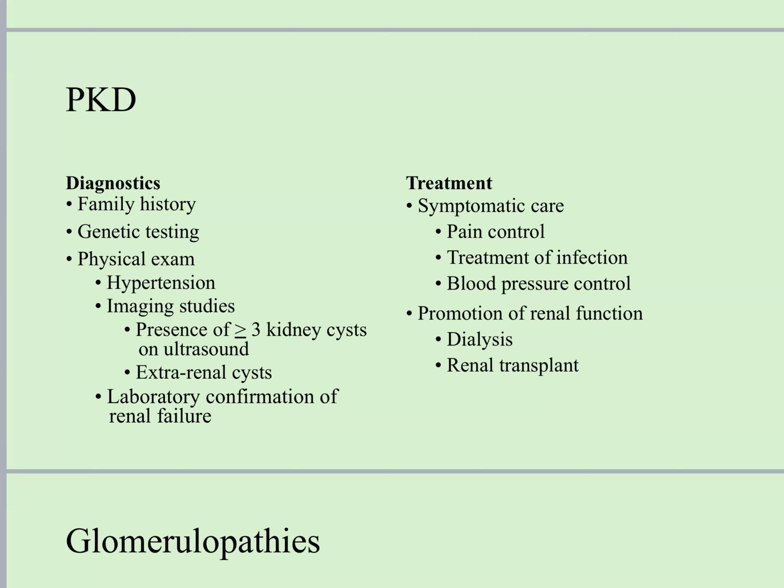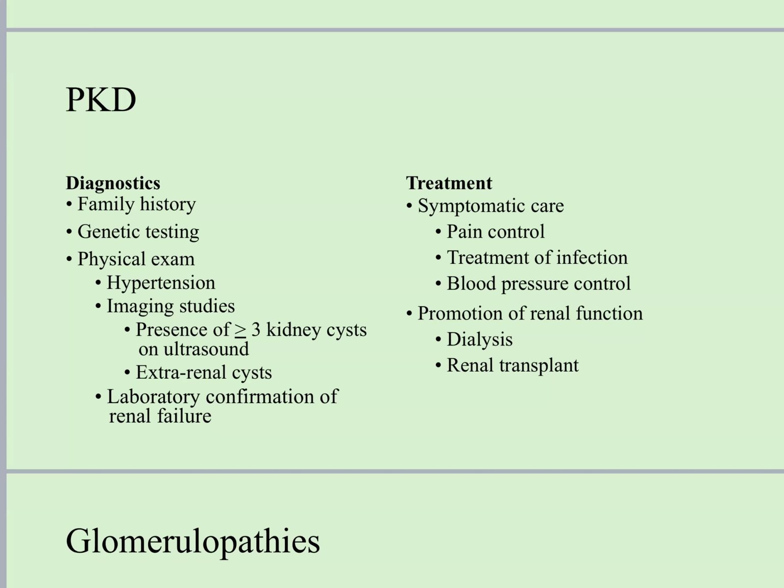And you might even find cysts in a different location. If they see greater than 3 kidney cysts, that is one of the big diagnostics for PKD. Labs will confirm if somebody is in renal failure.